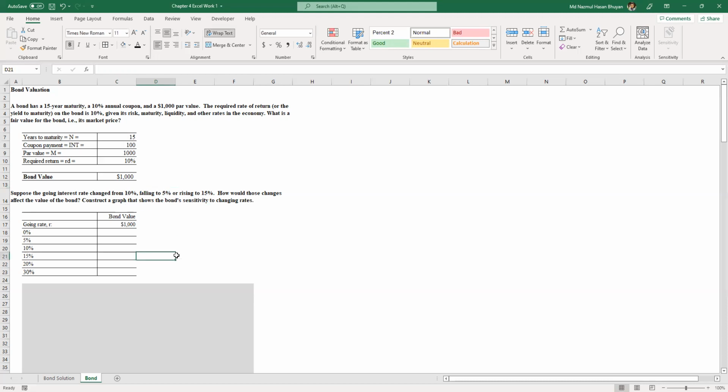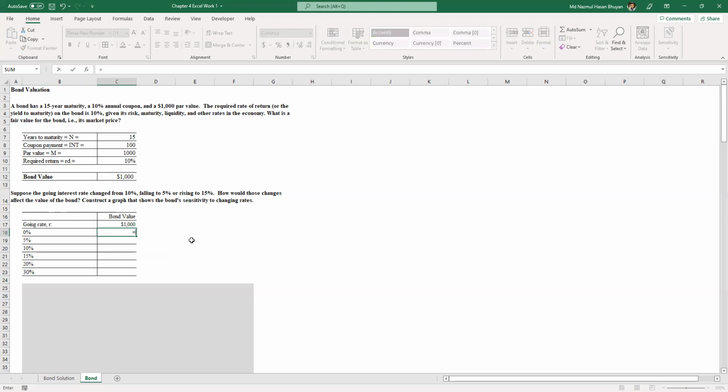Okay. Now, for the same bond, say now the required rate of return ranges from 0% to 30%. Now, let us see how the market price of the same bond reacts with the changes in the market interest rate.